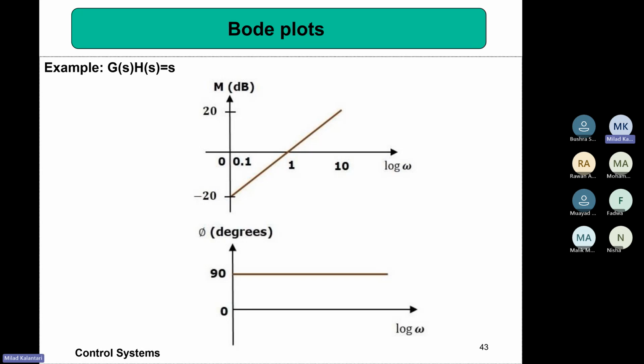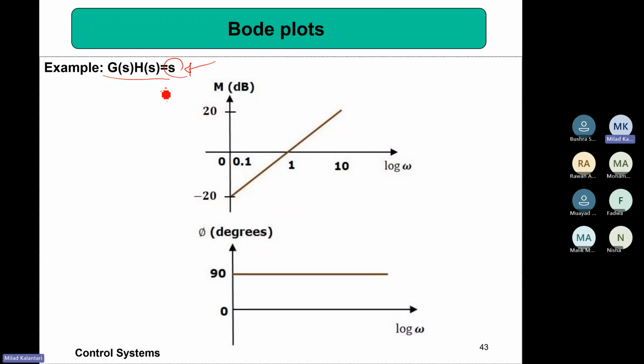Okay, let's do some examples first for simple things of the Bode plots. So let's say the system is only a single zero. The way we plot the Bode diagram is we assume that s is j omega.